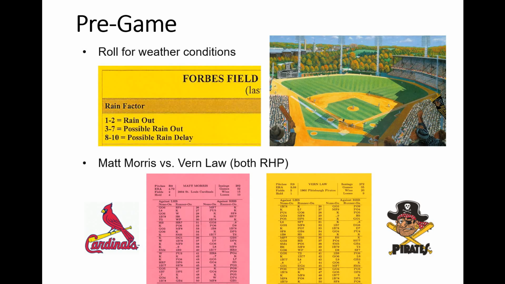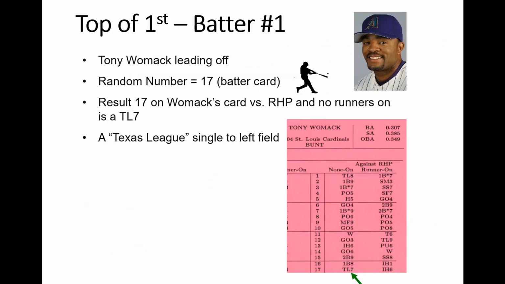We're going to play this game at Forbes Field. Matt Morris is going to be the pitcher for the Cardinals. He's right-handed, and Vernon Law, who's also right-handed, is going to be the pitcher for the Pirates. And with that, let's get going.